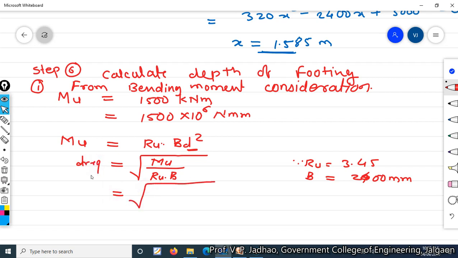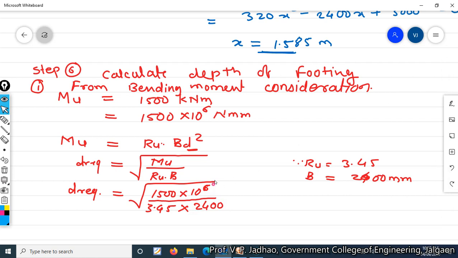Depth required is equal to Mu, 1500 into 10 raised to power 6, divided by Ru, 3.45, and B, 2400 mm.